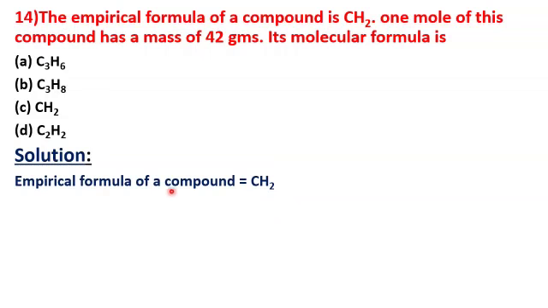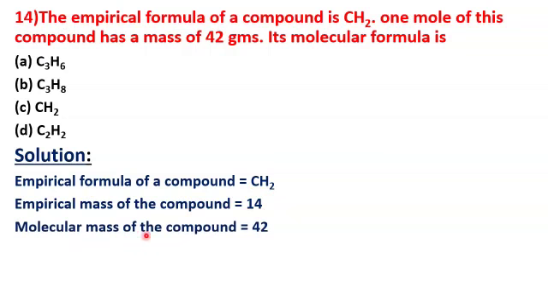The empirical formula of the compound is given, that is CH2. You can calculate the empirical mass by adding the atomic masses of carbon and hydrogen, that is 12 plus 2 equals 14. The molecular mass of the compound is given, that is 42.